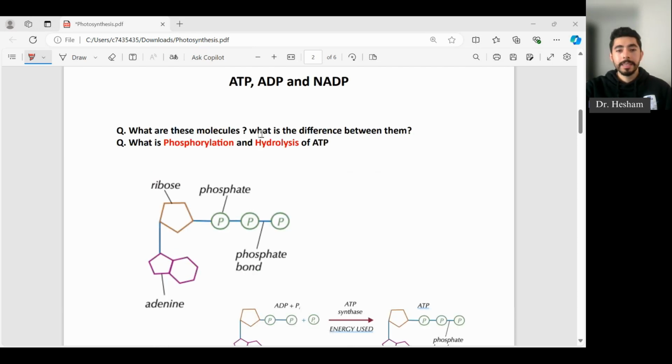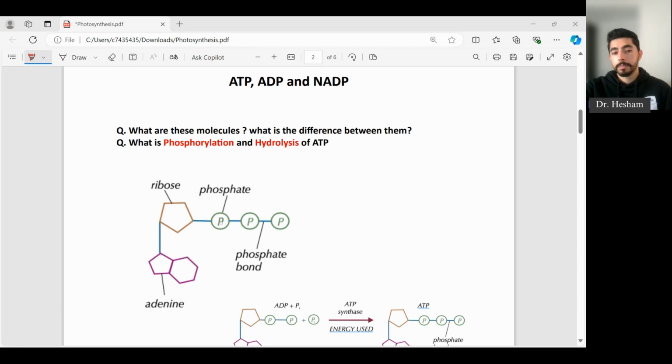And this is the structure of ATP, and it may remind you of a very important structure in the body that has almost the same components and the same structure, and this is DNA. DNA usually has a deoxyribose sugar, a nitrogenous base, which can be adenine or guanine or cytosine or thymine, and it has a phosphate group.